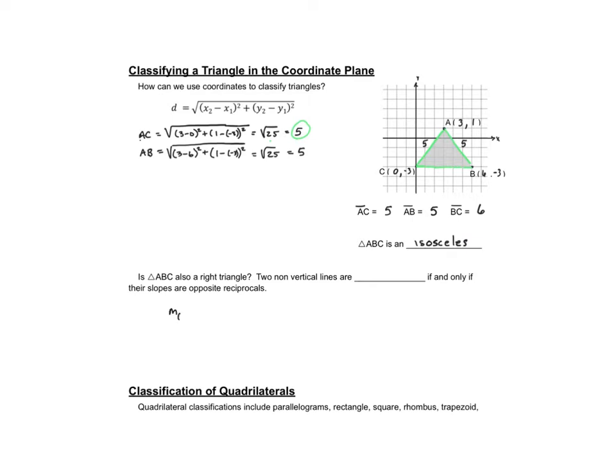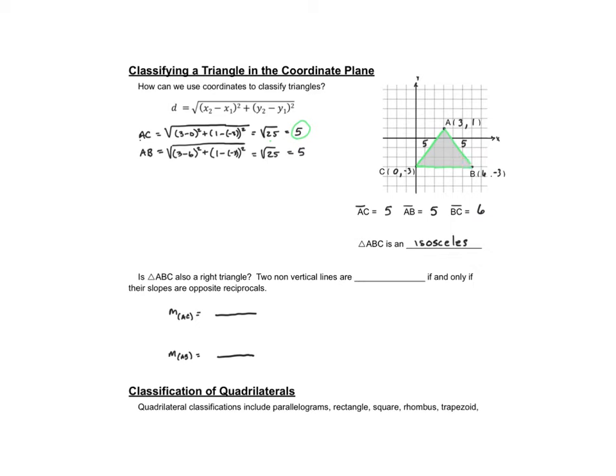And I will say, we'll just say the slope of AC, and then we want to do the slope of AB. And what do they equal? We can use the slope formula, but since I have it drawn on the graph, I'm just going to go ahead and count it. We're going to do slope AB first.